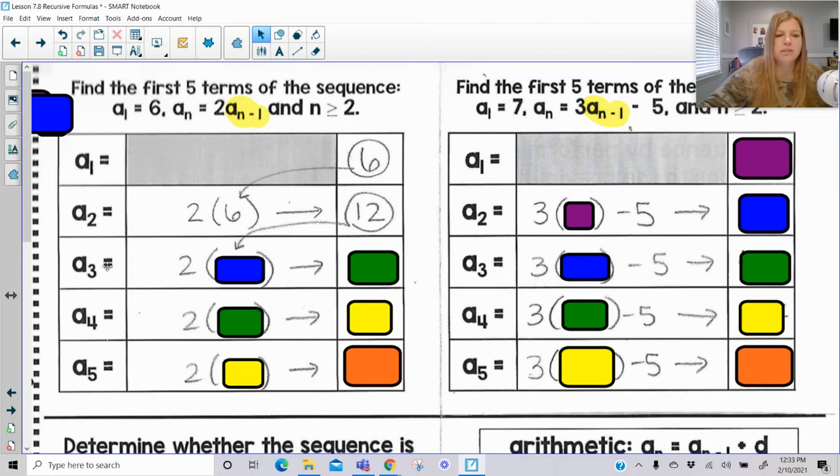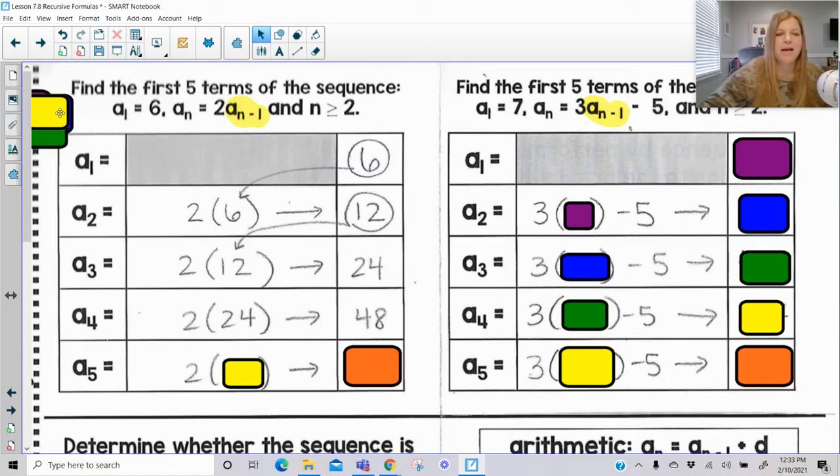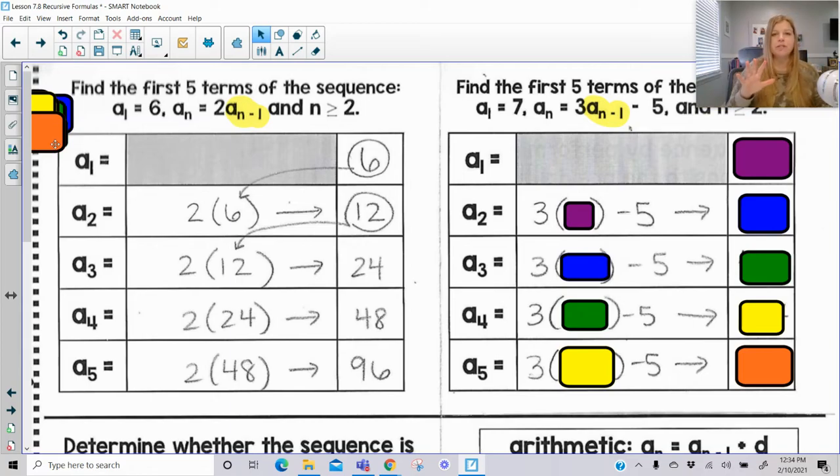And then to find the third term in the sequence, I'm going to do 2 times 12 and get 24. To find the fourth term, I'm going to plug in that 24. You get the point, I think, and I get 48 as my result. And then I plug in my 48 and I get 96. So the first 5 terms of the sequence would be 6, 12, 24, 48, and 96.